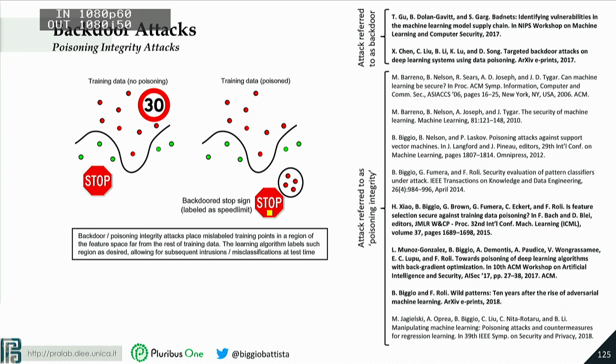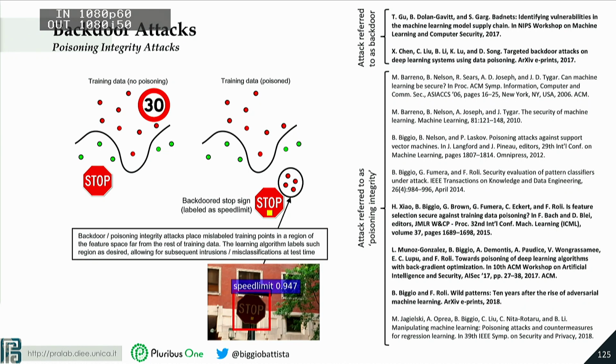This means, for example, that if you have a car driving, using this backdoored model, when it sees normal stop signs and speed limits, it works correctly. But when it sees the stop sign with the sticker, it recognizes that as a speed limit. So the sticker activates the backdoor in some sense. And that's another kind of attack. You see, this is a stop sign with a sticker, and it's recognized as a speed limit with high probability. Okay, is that clear?